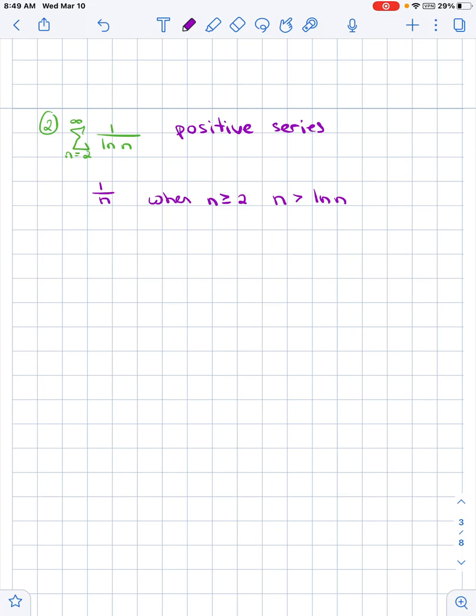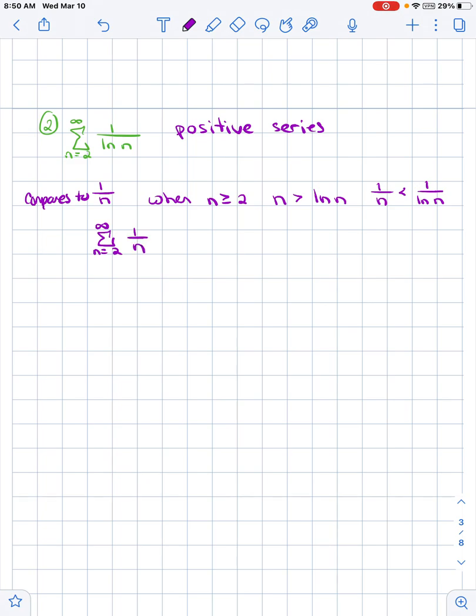So if n is always going to be greater than the natural log of n, then I know that 1 over n is going to be a smaller fraction because the denominator is larger. Okay, so we got our first thing. We said it's a positive series. We're saying that 1 over n compares and that 1 over n is less than 1 over the natural log of n.